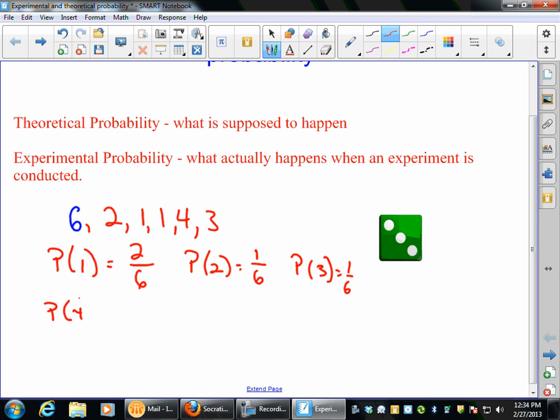The probability of a 4 in this experiment was 1 out of 6. But the probability of a 5, I didn't get any 5s, so that is 0 out of 6, or just plain 0. And the probability of rolling a 6 in this experiment was 1 out of 6. Okay? So the experimental is just based on what actually happened when you did it.